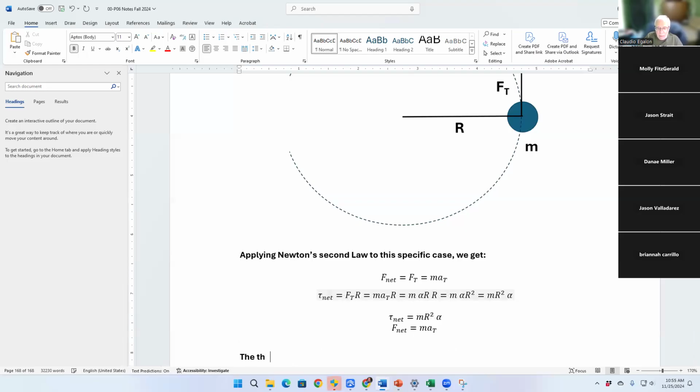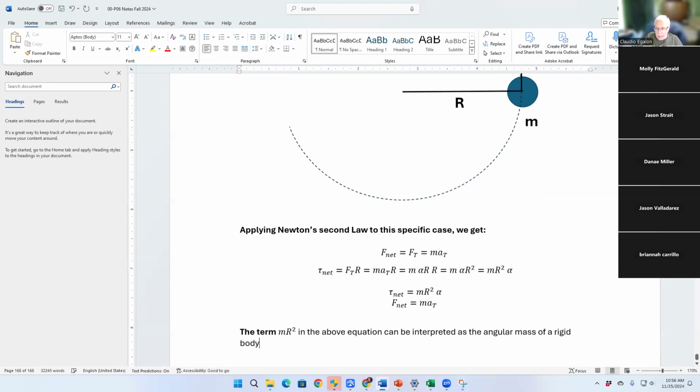The term mr squared in the above equation can be interpreted as the angular mass of a rigid body, also known as the moment of inertia.